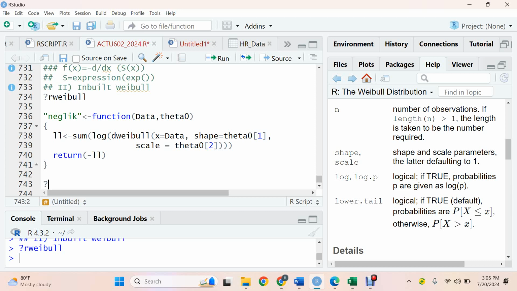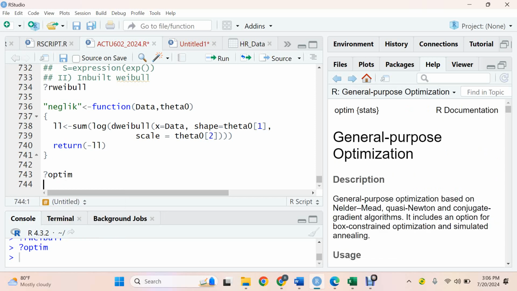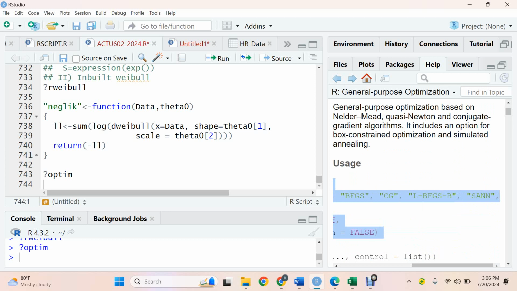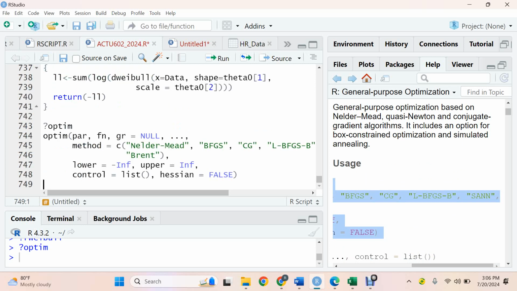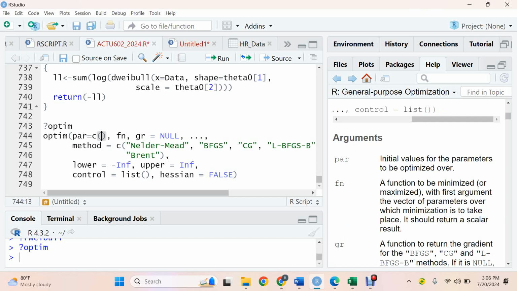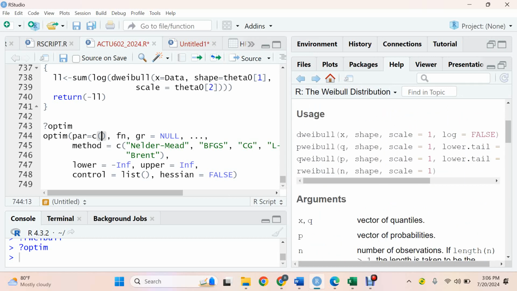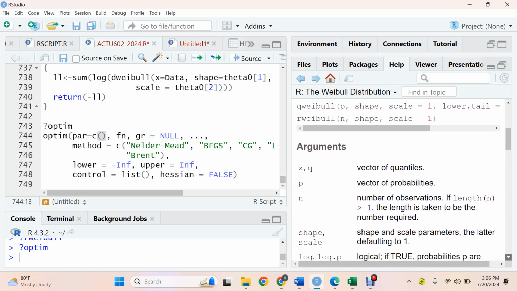So the next thing is, can we get this in an optimization routine? Yes. So general purpose, we copy and fill in. For the parameters, maybe we start. You need to go to the distribution and check these parameters and their domains.